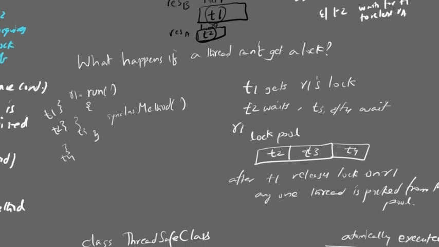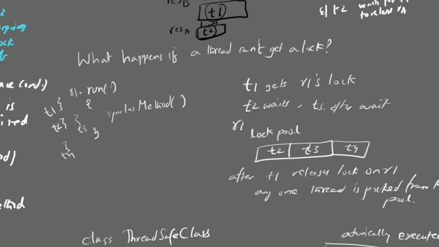Now, what happens if a thread cannot get a lock? Okay, imagine this situation in which all these threads are trying to get the lock of R1 to enter the synchronized instance method. Now T1 gets R1's lock, and it goes in to execute it, and T2, T3, and T4 wait.